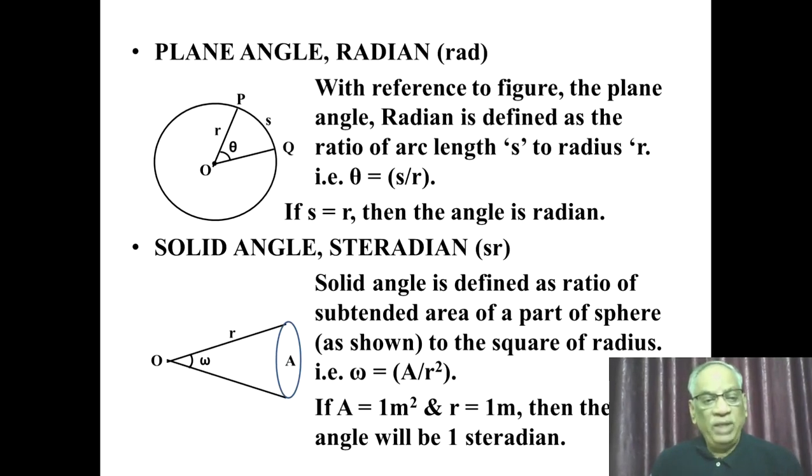Area is the cross section area of the conical section. If the area happens to be 1 meter square and the radius is 1 meter, then the solid angle will be 1 steradian. These two are supplementary angles.